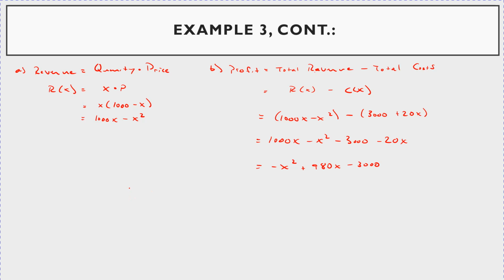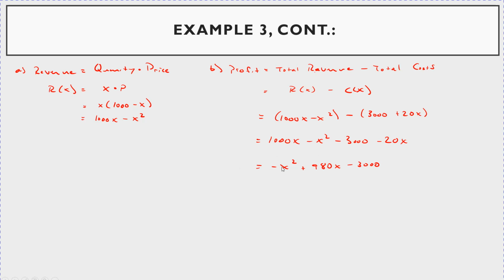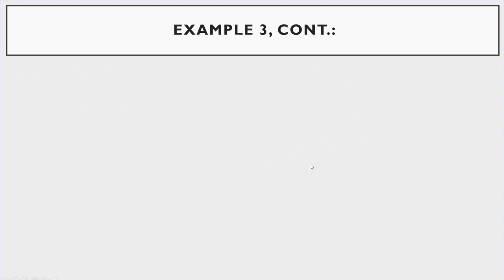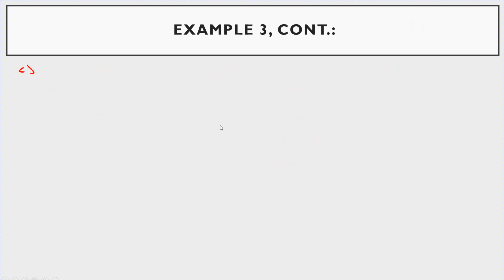Now we have total revenue and total profit. What we want to do is maximize profit, which is a function of how many units we're making and selling.